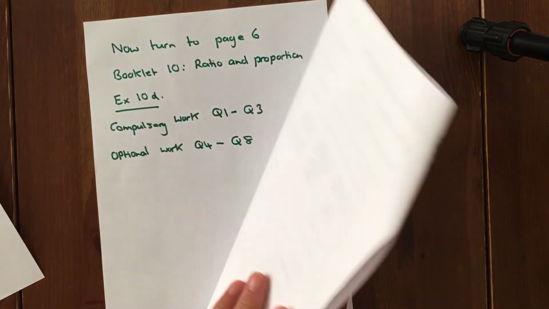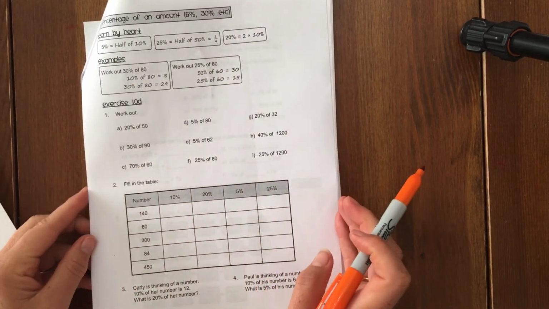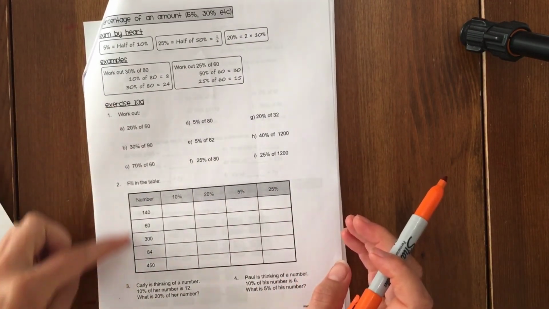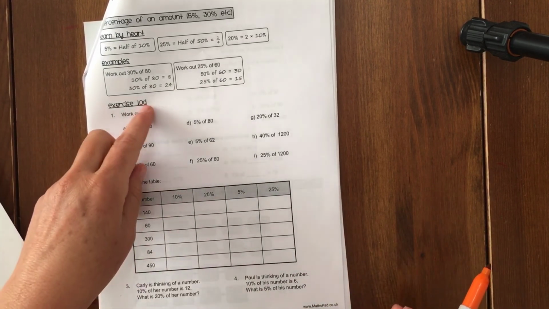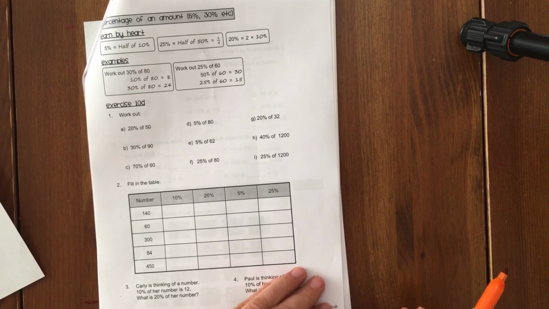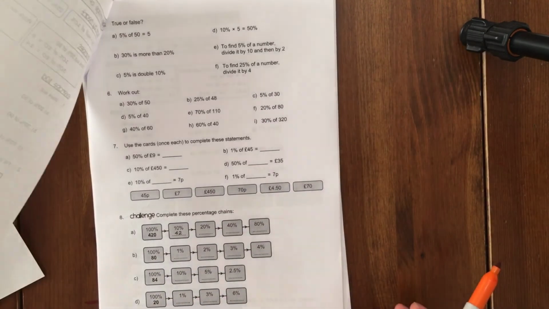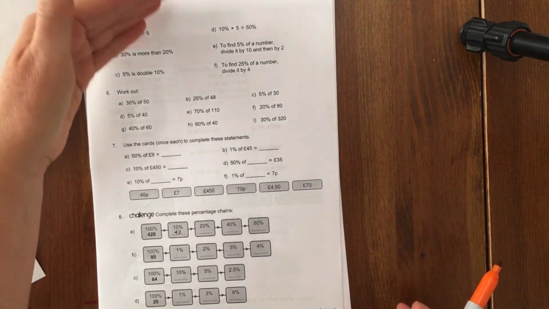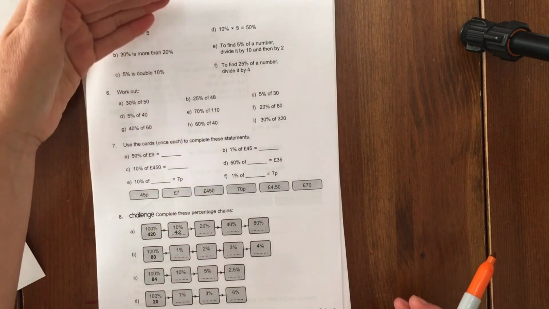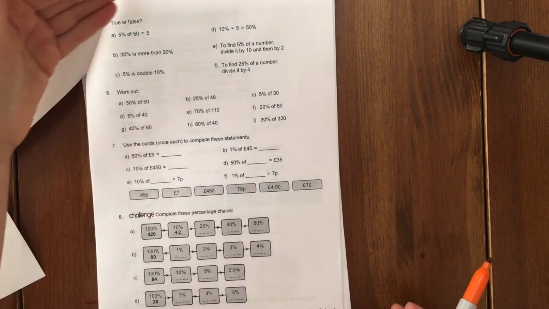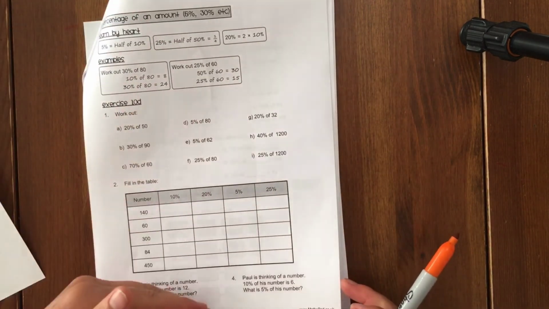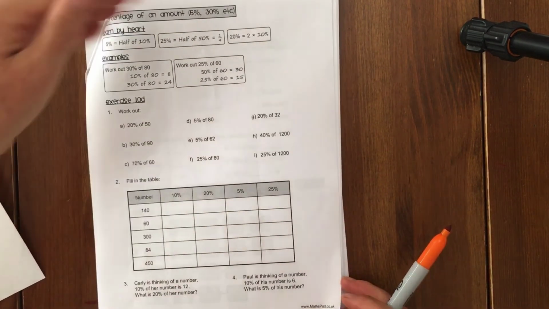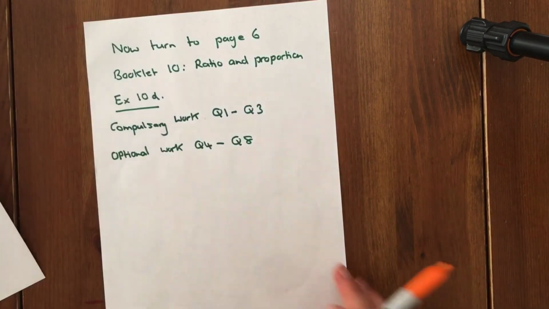And what I would like you to do is questions 1 to 3 is your compulsory work. So on page 6, exercise 10D, and then optional extra work is the rest of page 7, questions 5 to 8. Sorry, compulsory work, questions 1 to 3.